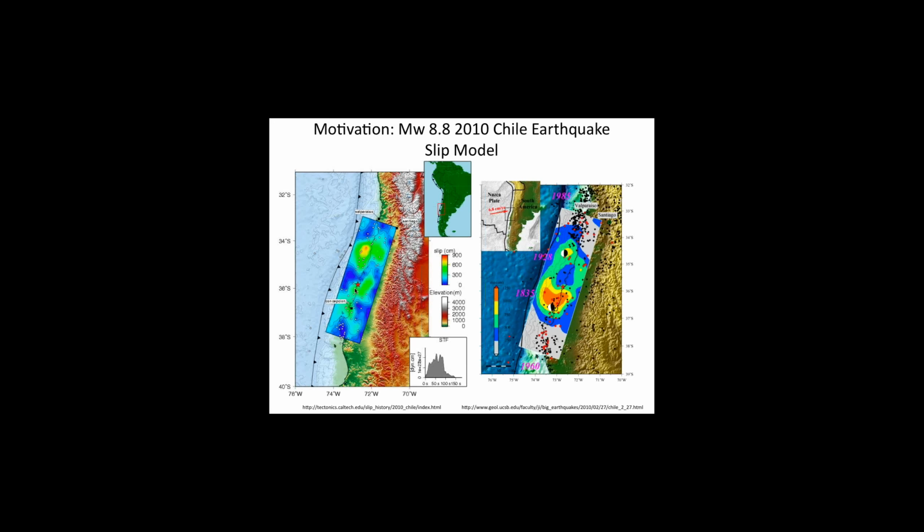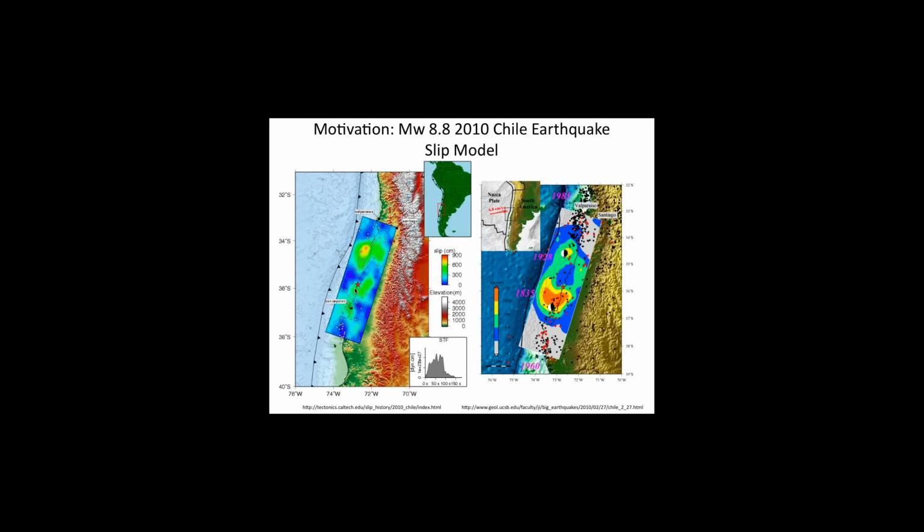Some of these constraints may be the directions in which you allow rupture to propagate, or even the velocity at which you allow rupture to propagate. And it turns out that differences in these subjective decisions about the constraints on rupture can lead to very different slip distributions.